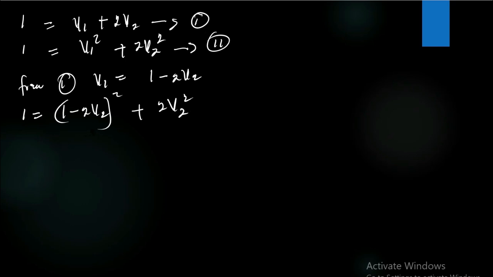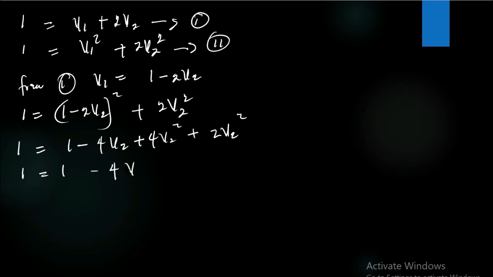Now we need to expand this. On expanding this, I should come up with 1 minus 4 v2 plus 4 v2 squared plus 2 v2 squared. So 1 is now equal to 1 minus 4 v2 plus 6 v2 squared. If I take 1 from here to the other side, 1 minus 1 becomes 0.